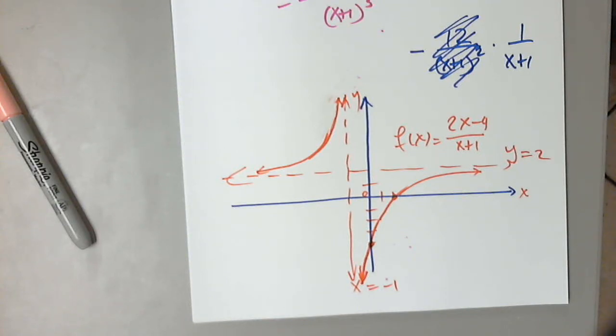Any questions? Yes, if you want to graph it with the graphing calculator, do not forget the calculator is not as smart as you are. So when you put the function in, make sure you put parentheses, 2x minus 4, in parentheses, divided by x plus 1, close, and you have to put 2 as the second function. The calculator will not graph the horizontal asymptote.